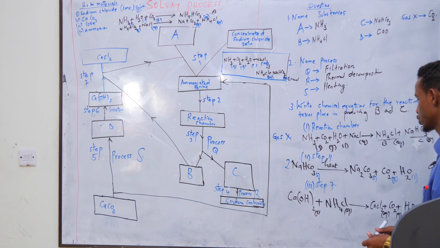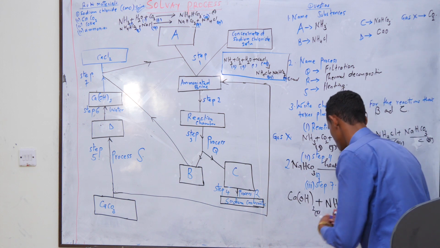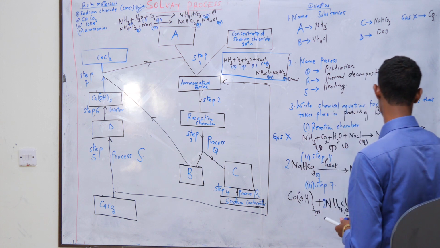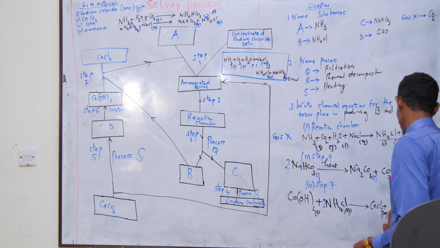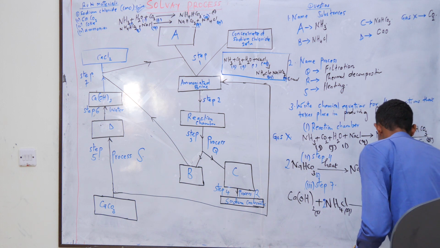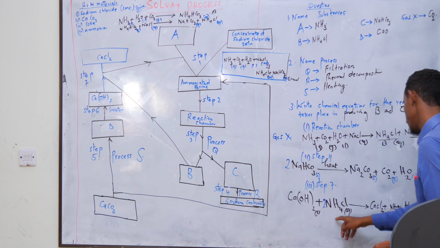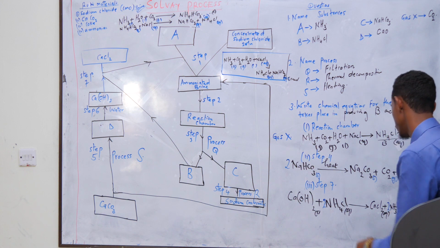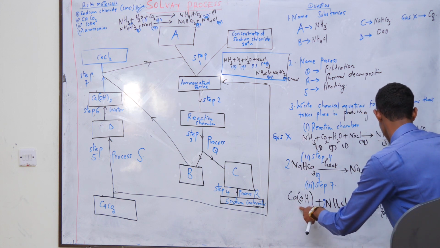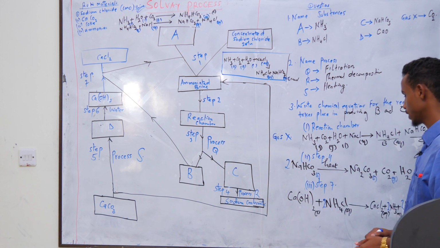Very good. Now let's balance the equation. Now we can see that we have chlorine 2 here. Here is 1. Now we place 2 here. The equation becomes 2 ammonium chloride. No, I mean ammonia gas, NH3. Now it becomes 2 ammonia, 8 hydrogen, 8 plus 2, 10. Now oxygen is here how much? 2. Here is only 1. Now I place 2 here. Now the equation is balanced. Everything catered for.